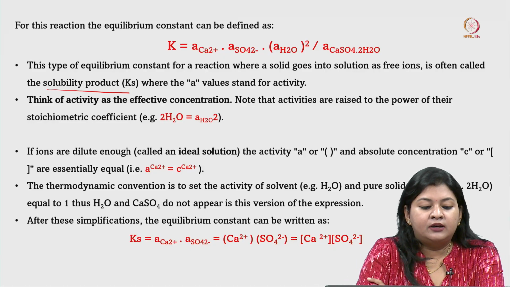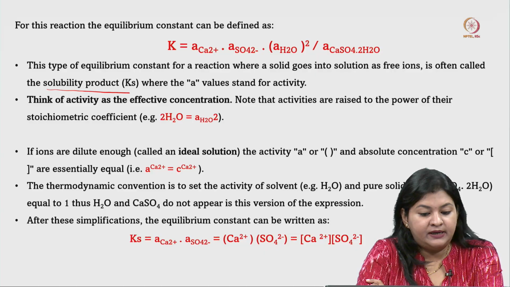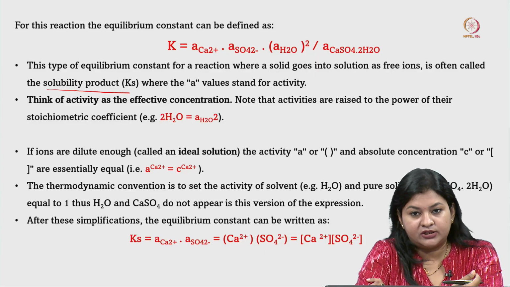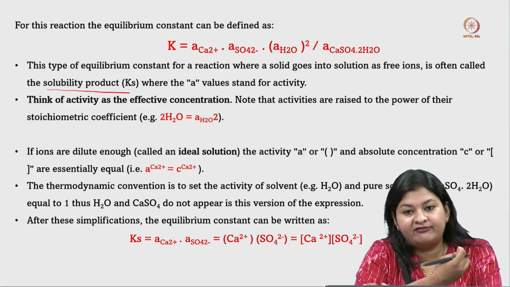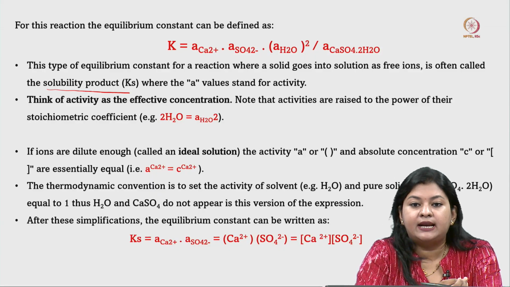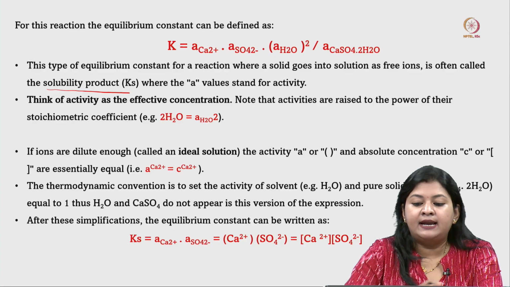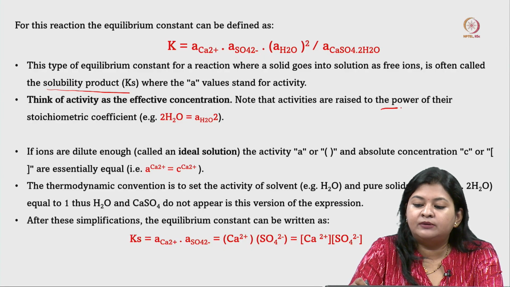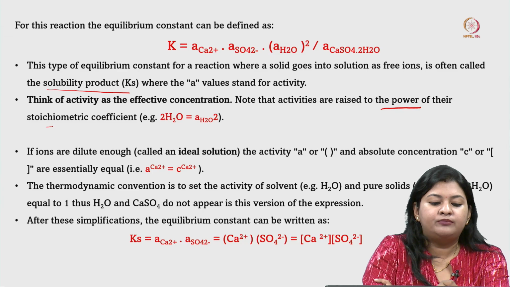Now, activity, as I have already explained, is the effective concentration. It is the effective concentration that is actively doing the reaction. And it is always raised to the power of the stoichiometric coefficient.